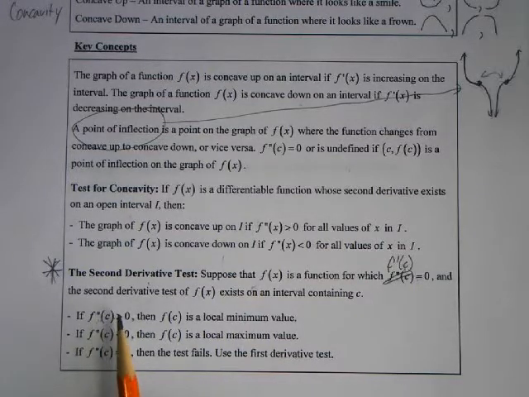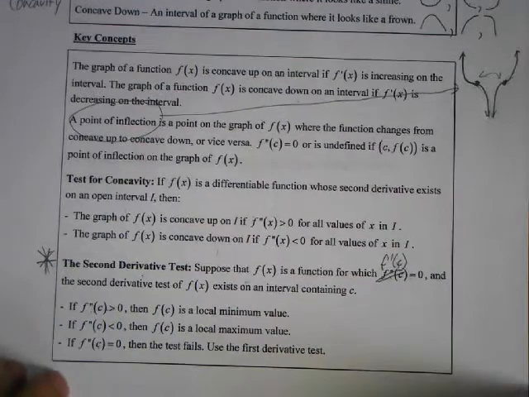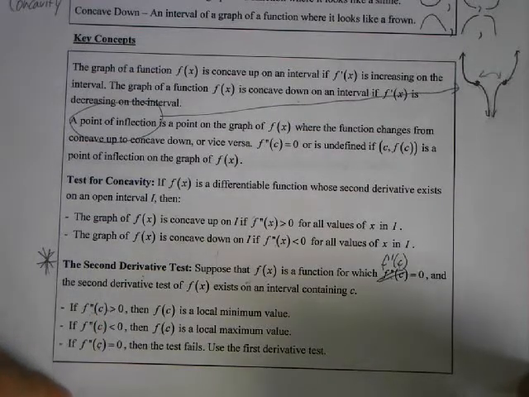If the value is positive, then that critical point at c is a local min. If the second derivative at c is negative, then c is a local maximum. However, it can fail. If you plug c into the second derivative and you get 0 again, then the test fails, and you have to go back and do the first derivative test. Hopefully that makes a bit of sense.